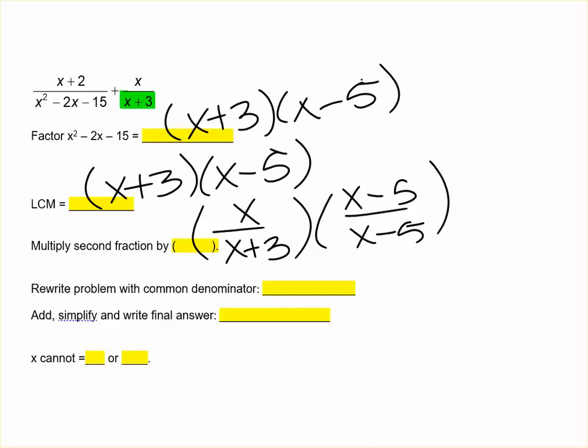So x over x plus 3 times x minus 5 over x minus 5. That gives us the top of x squared minus 5x. And we can leave the bottom in that factored form, x plus 3 times x minus 5.